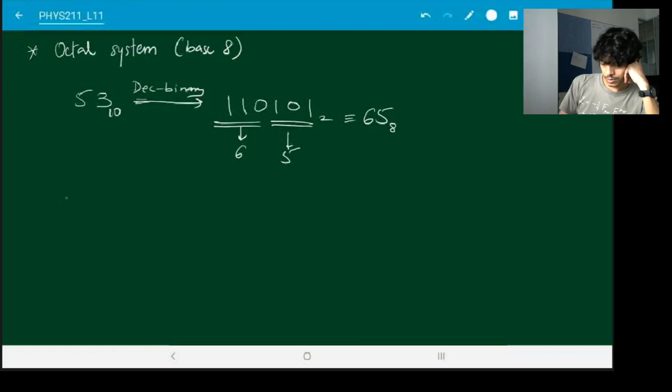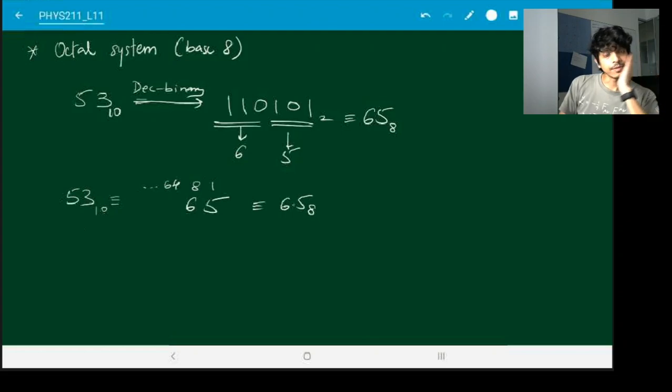Or you can do it the usual way. 53, you write it in terms of powers of 1, 8, 64, and so on. So 53 is 6 times 8, which is 48, and 5 is left over, so that's 5 units. So this is 65.